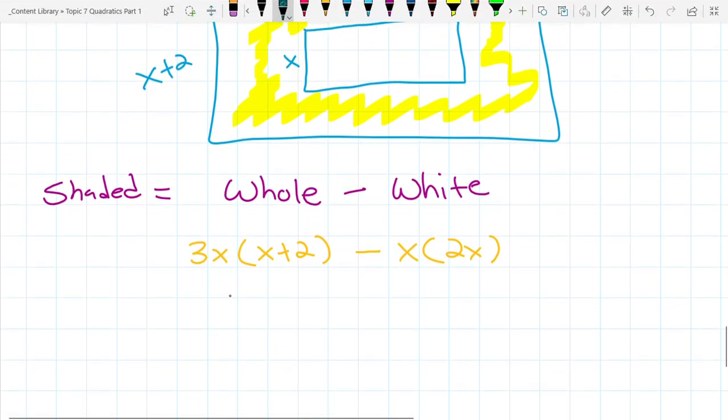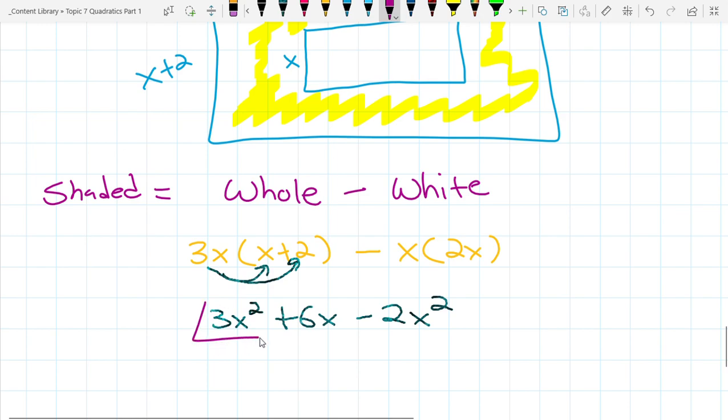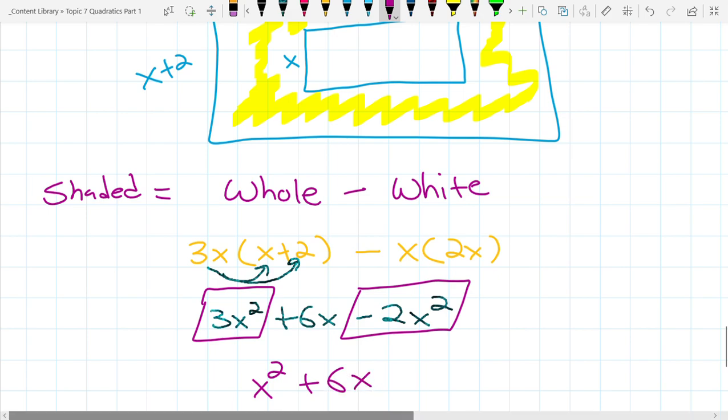So here we go. 3x times x is 3x squared. 3x times 2 is 6x. Negative x times 2x is negative 2x squared. Now we combine like terms. We have a 3x squared and a negative 2x squared, which gives us just x squared. The 6x has no one to go with, so it's x squared plus 6x.